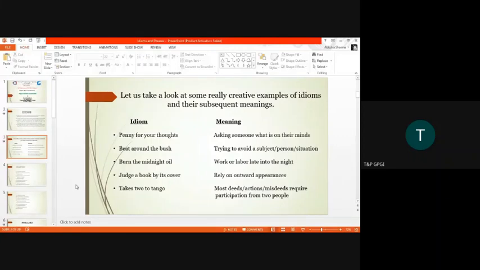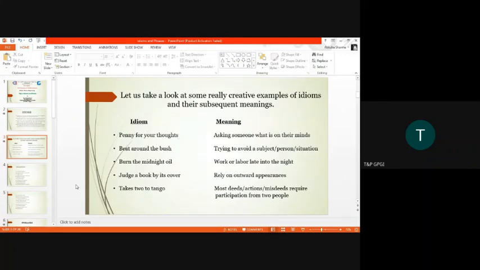So the next one, I hope you all have heard this many times. I really do. I think you have heard it before as well. That one goes: judge a book by its cover. Judge a book by its cover means you rely on the outward appearance of something, anything.